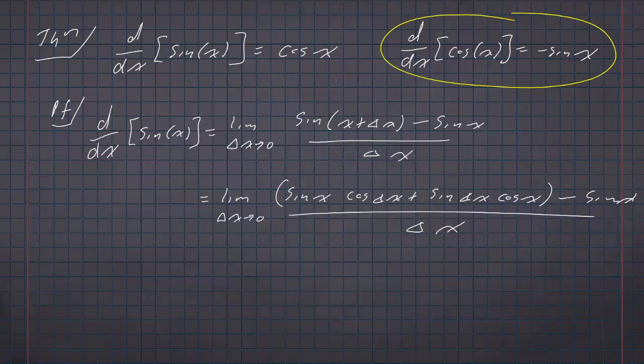All right. And now let's do some creative rearranging. I'm going to try to write this out carefully. This is going to be my first term. Sine delta x cosine x all over delta x.